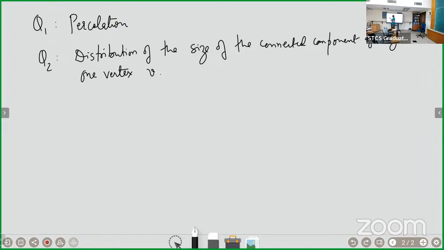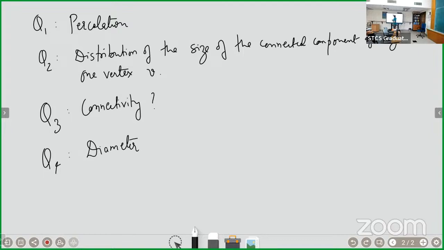Okay. Another question we want to ask: connectivity. Which is harder, connectivity or percolation? What is the percolation question?